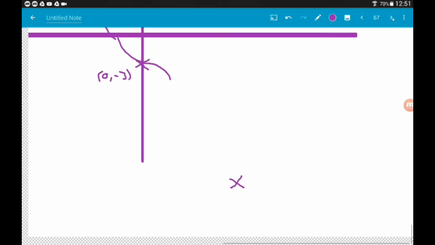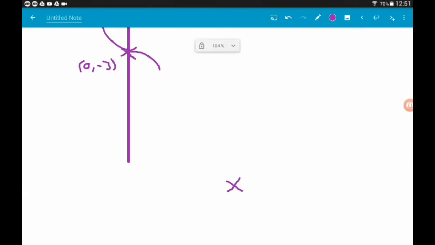down here. So what's going on at a minimum? The gradient to the left is negative, and the gradient to the right is positive.